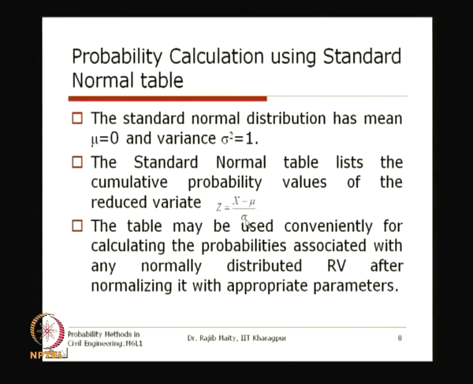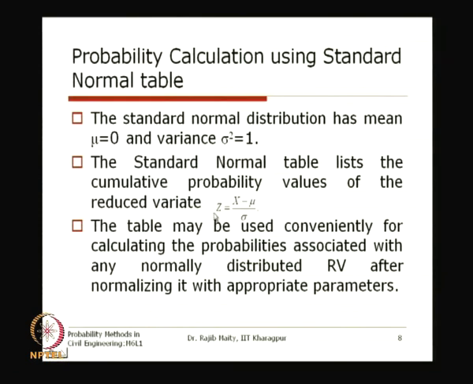Now, we have also seen in the last module, in the functions of random variables, that this is a one-to-one transformation, or a linear transformation as well. If we do this type of transformation, then this is also another random variable, denoted here as z, and is generally known as the reduced variate.